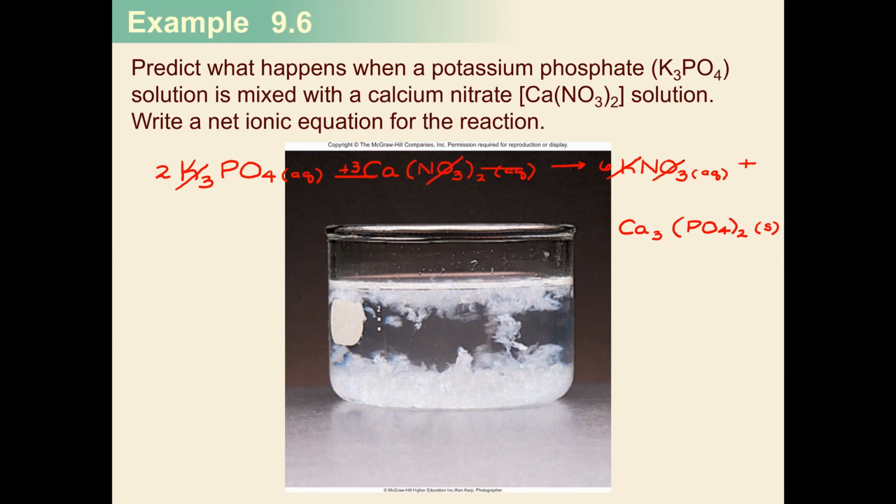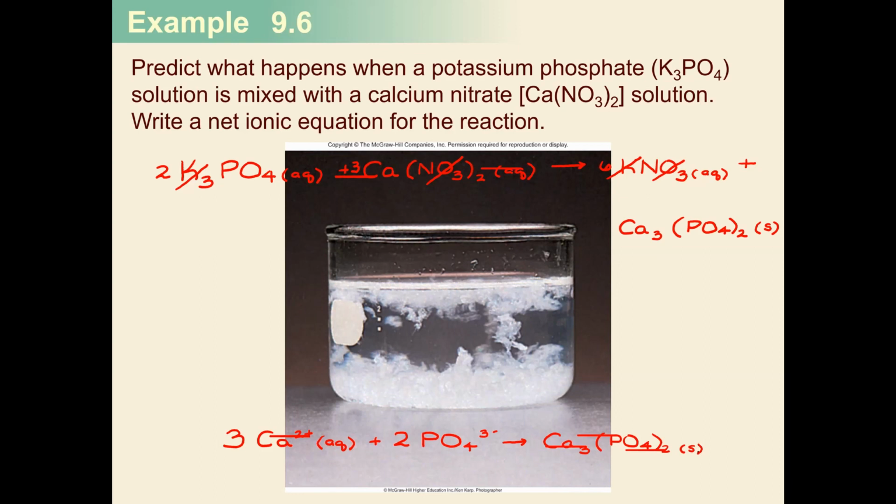So now what I am able to write is an answer of 3 Ca2+ in solution, so that would be aqueous, plus 2 PO4 3-, going and forming our Ca3(PO4)2 solid. What I have now written at the bottom is the net ionic equation.